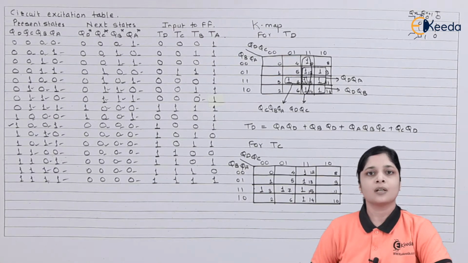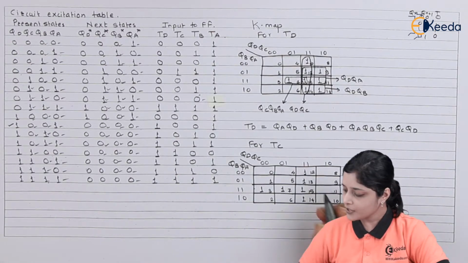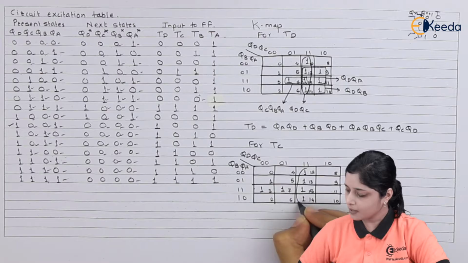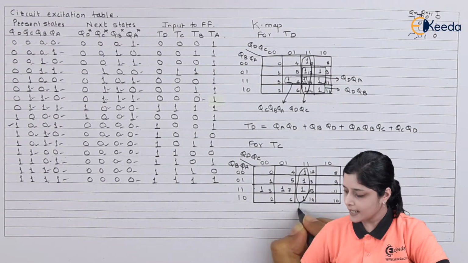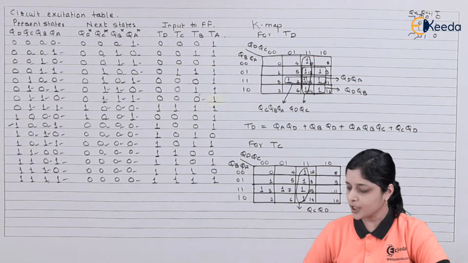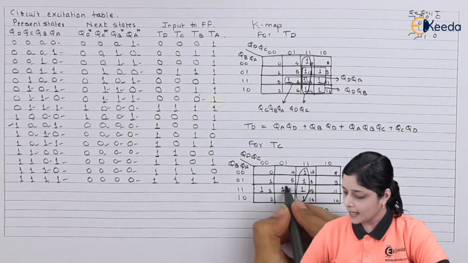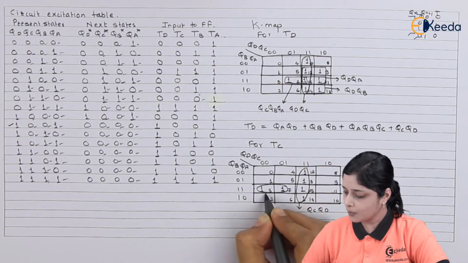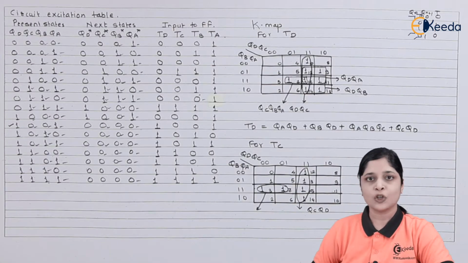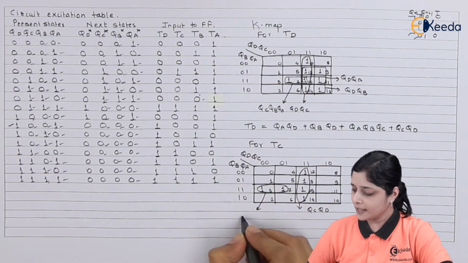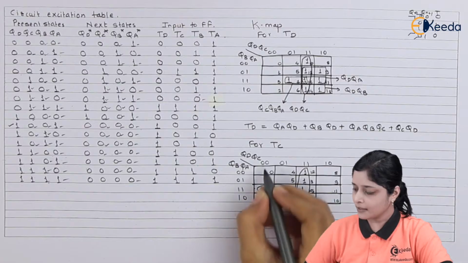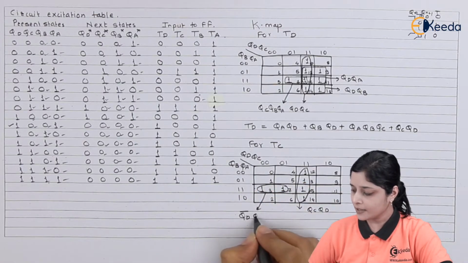Now K-map grouping starts. So if you see here we have to make a group of these 4 ones, and the equation for this is what? QC into QD. And finally we can make a group over for these 2. So we can write here QD bar for this one and here QA QB.